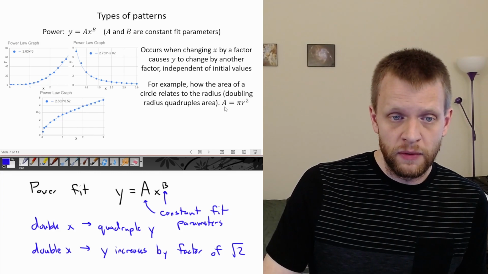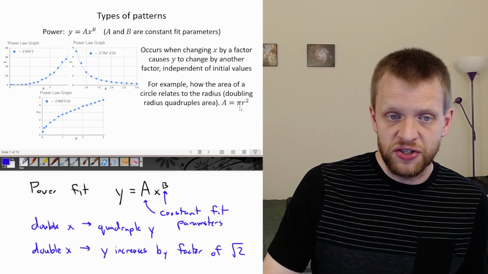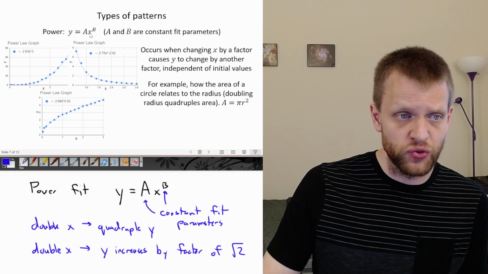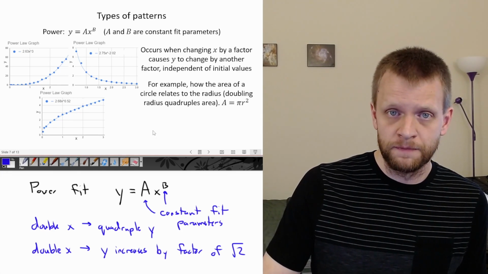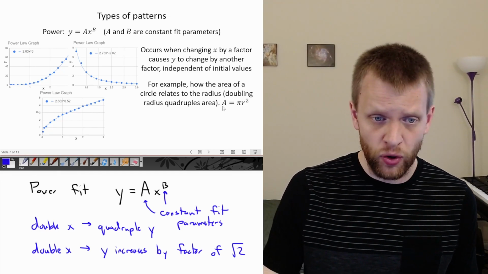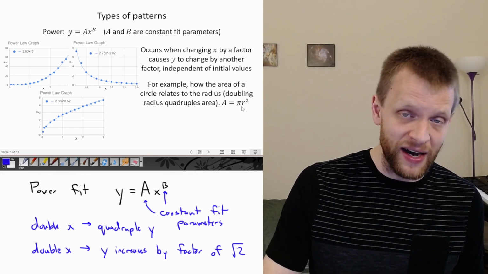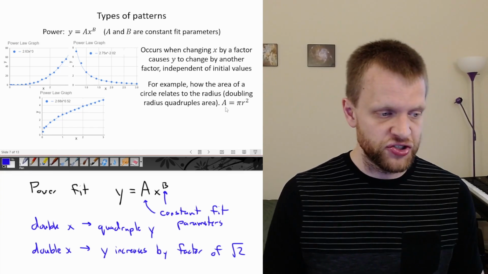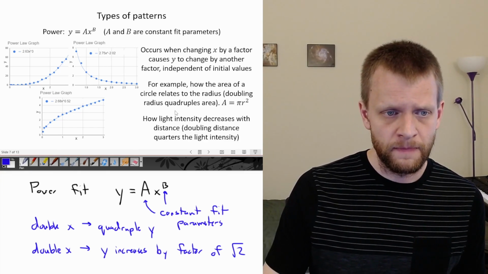Y, matching it up with our area, is equal to some constant, oh, looks like that constant is pi, times our other variable, the radius of the circle, to some power. Those two equations match up with each other. Doesn't matter what kind of circle I'm using. If I double the radius, the area will go up by a factor of 4. This is a property that is emblematic of one of these power fits.